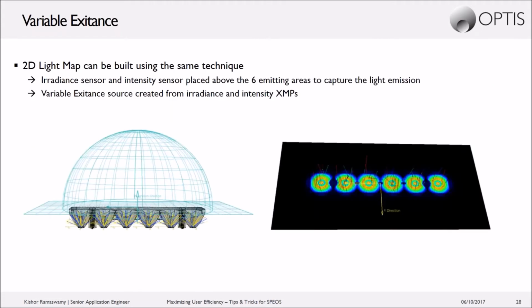But we can also use it to do what we call 2D light mapping. Essentially taking a series of sources, in this case we have 6 LEDs in front of 6 collimators, and we take that entire assembly and build a light map which defines the output of all of these sources together as one distribution. You can see that here. We use the exact same process that was just shown, putting an irradiance sensor directly above the emission surface and an intensity sensor which captures the distribution.